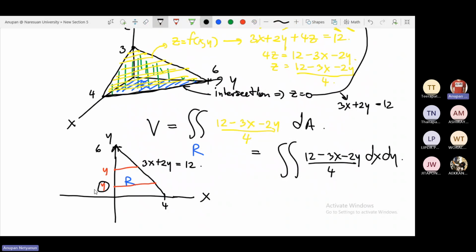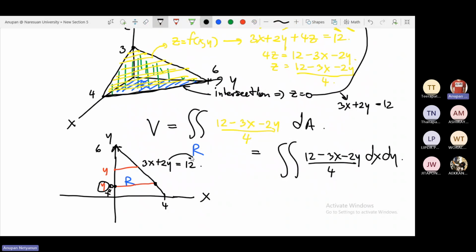The x runs from this point to this point, and since this point is on the y-axis, x is 0. And it runs to this point on this line, which has this equation. I want to know what x is equal to, so I solve for x from this equation.